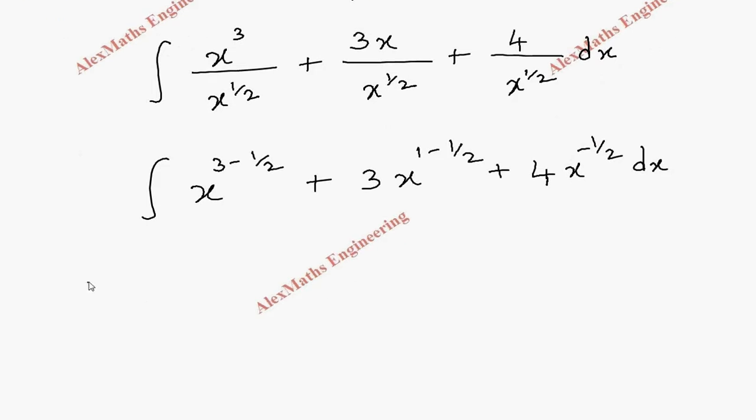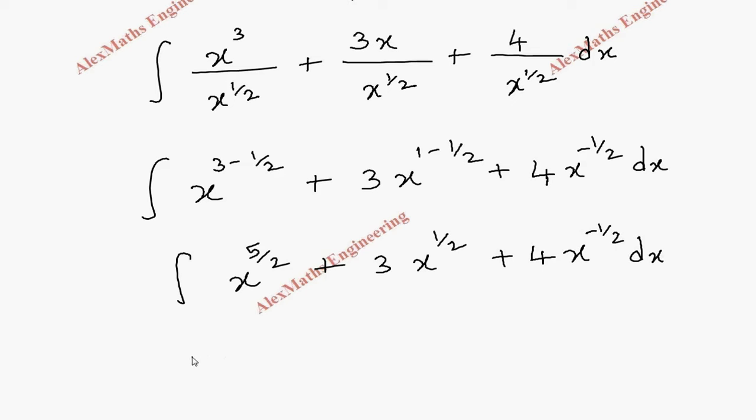Now simplifying further, after taking LCM, we get x power 5 by 2 plus 3x power 1 by 2 plus 4x power minus half as it is.